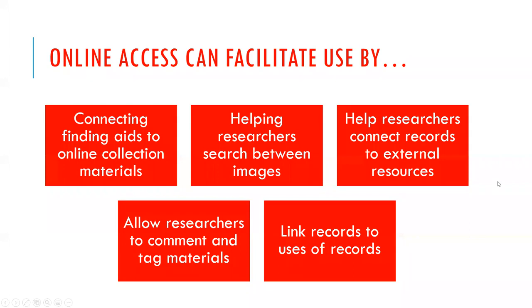To talk about researcher usability a little bit more, it's interesting to think of how online access can facilitate use. What kinds of tools can archivists provide to researchers to make it easier for them to understand what they're looking at and how it is related to other records, whether within the archive or external to the archive?